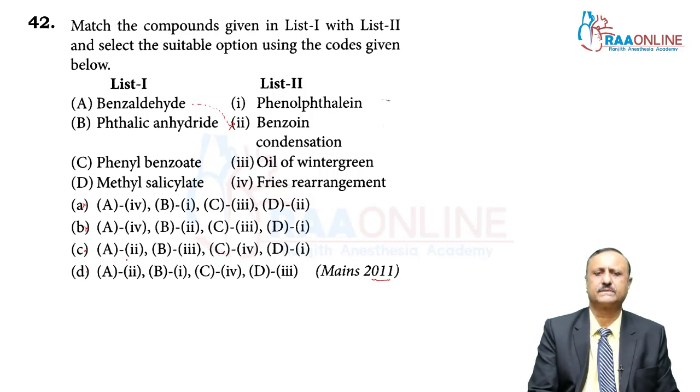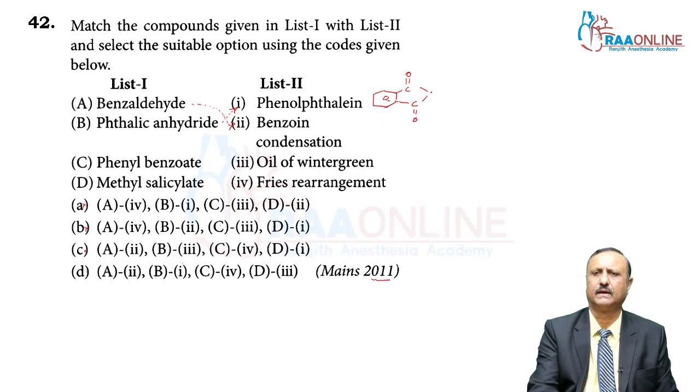Now, my dear students, this is also a trick: B third and B1. Phthalic anhydride goes to phenolphthalein. If you see the reaction of phthalic anhydride with phenol to form phenolphthalein, I will give you a small hint with the reaction.